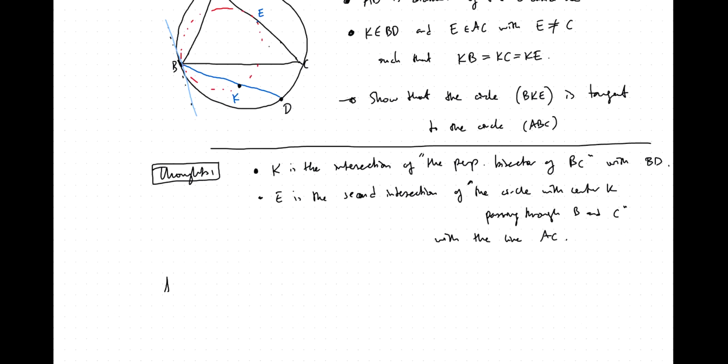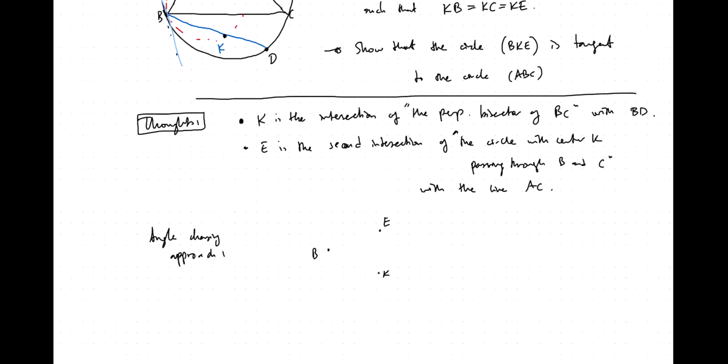Well, with the angle chasing approach, say you just have the points B, E, K in general, and you have a certain line passing through here, and you want to show that it is tangent. What can you look at?